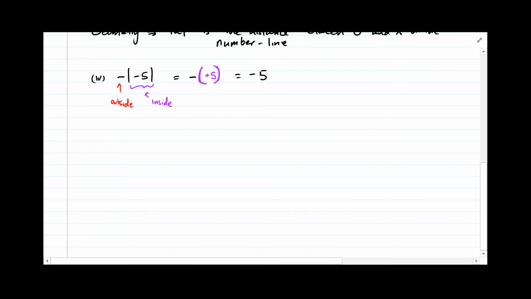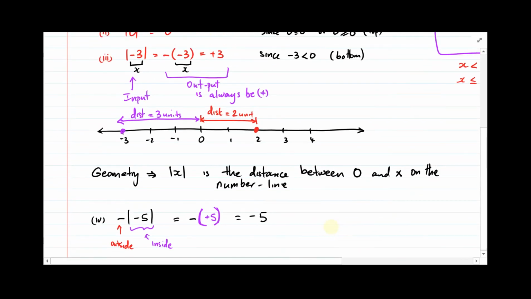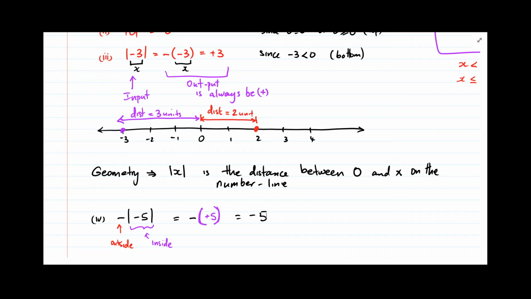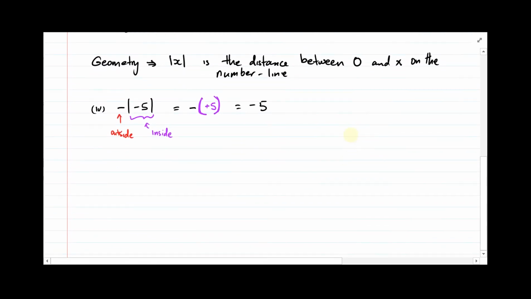So notice that when we said above that whatever the input is, the output is always positive, in purple here, the output of the absolute value of -5 is positive, but there's something else acting on it. So be careful. Do not just jump to conclusion and say that my answer always ends up being positive without paying attention to what is going on in front of or with that expression.